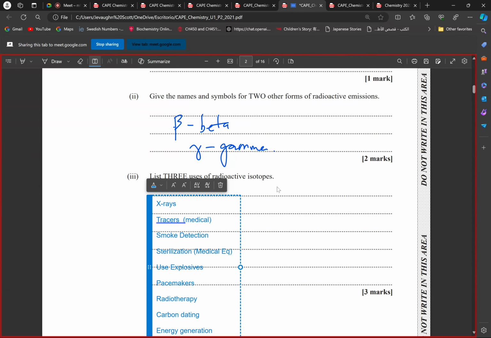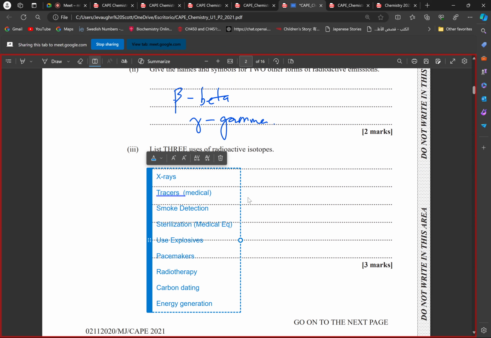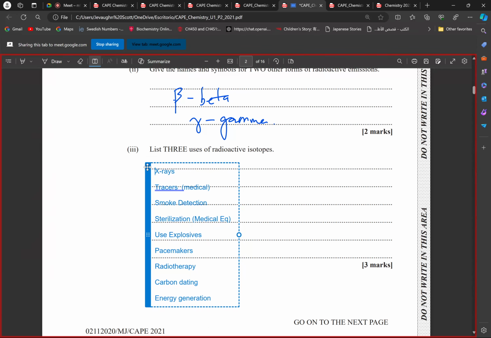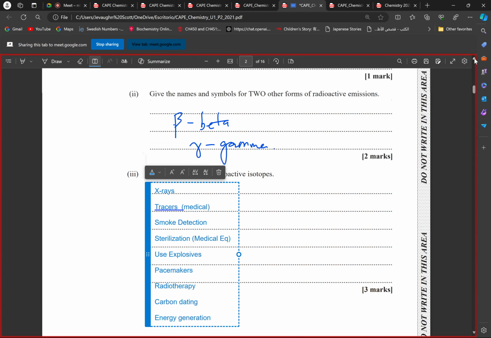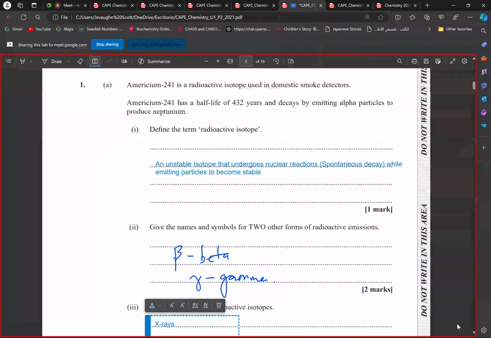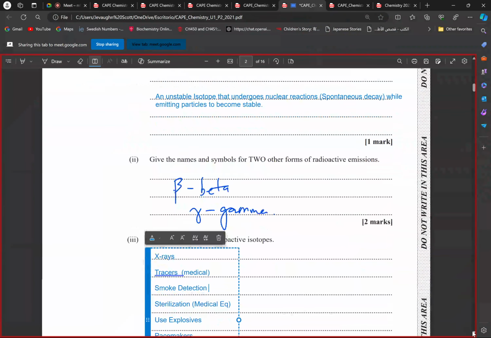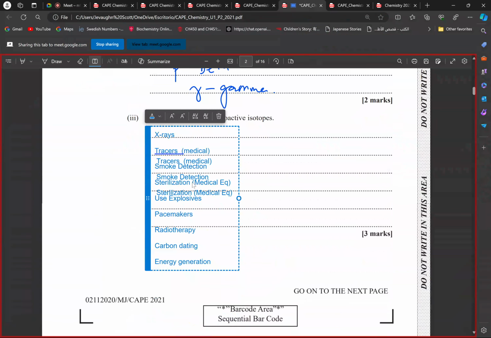All right, so energy production, energy generation is there. So we have X-rays, used to produce X-rays. I don't remember which one does that. We have tracers like iodine-131. We have americium-241, which was even mentioned up here. I don't actually have the example for sterilization.